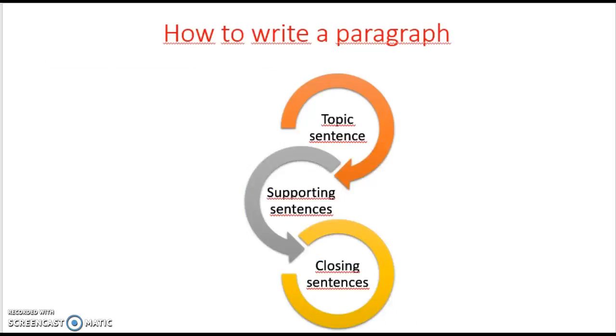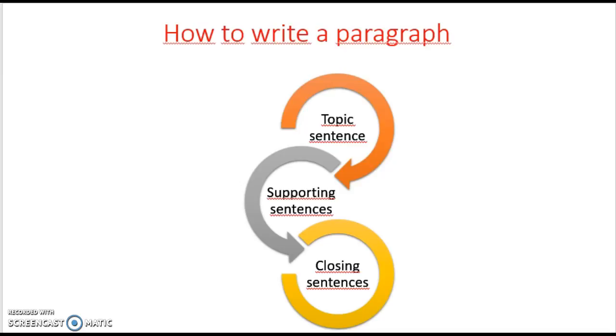So, in the first part of how to write an essay, let's have a look at the structure of a paragraph. You can see that the paragraph has three kinds of sentences: topic sentence, supporting sentences, and closing sentences. The topic sentence is the first sentence in the paragraph and introduces the main idea.